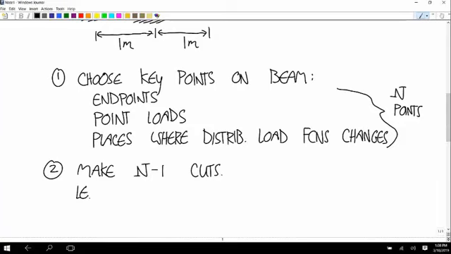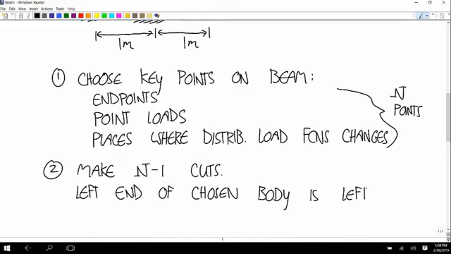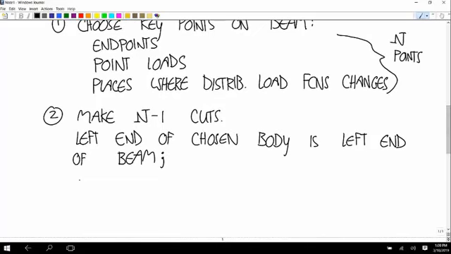Where the left end of the chosen body is the left end of the beam, and the right end is between the key points.